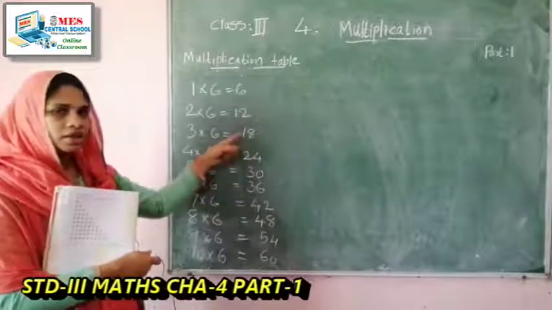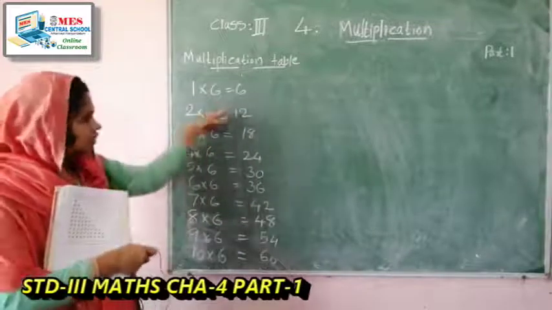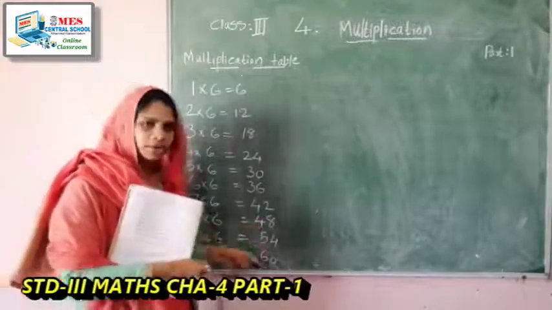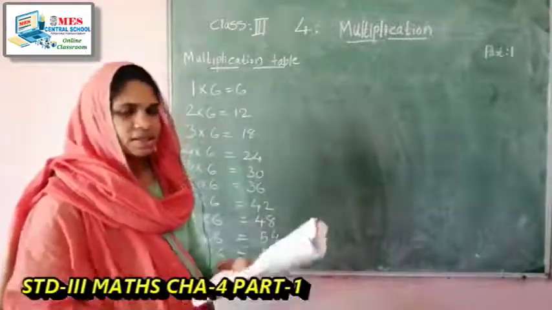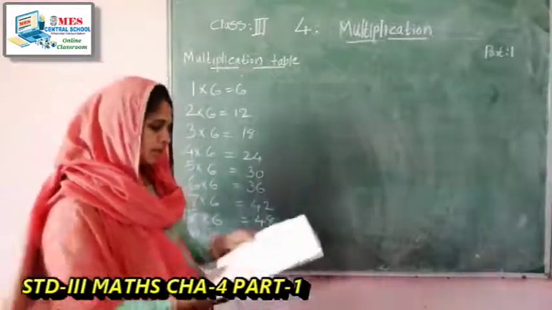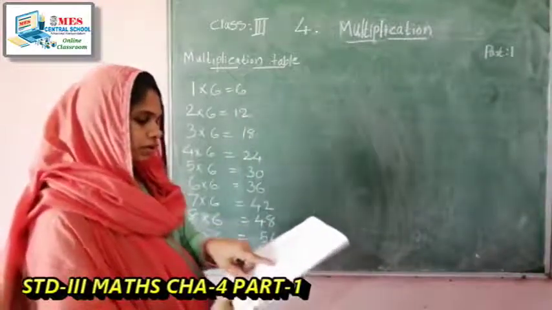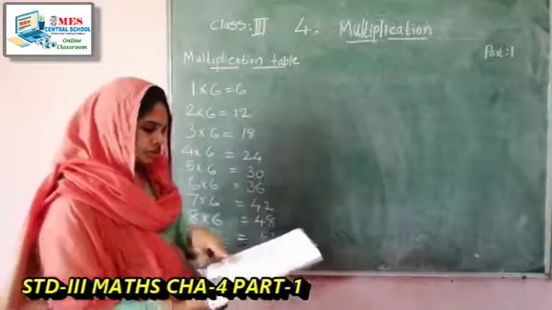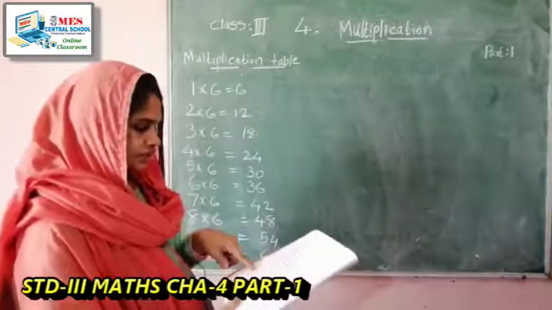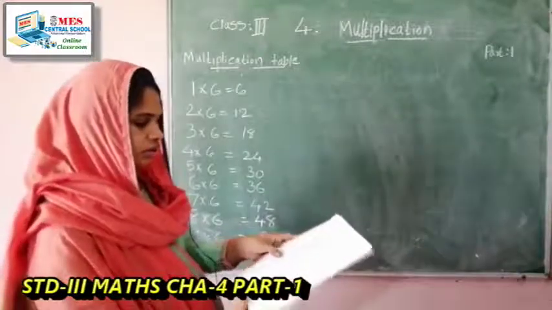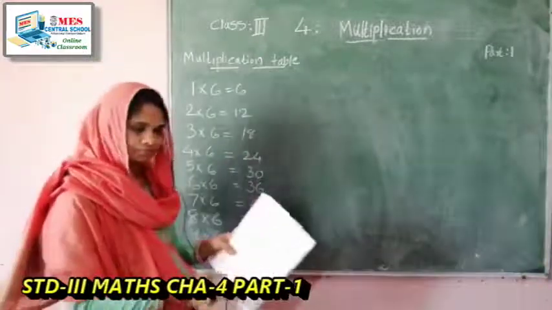Only these products you have to write here: 6 12 18 24 30 36 42 48 54 and 60. This is the table of 6, and below that you also have to complete the dots. First 6 2, 6 3, like that, all the 6 dots you can complete there.